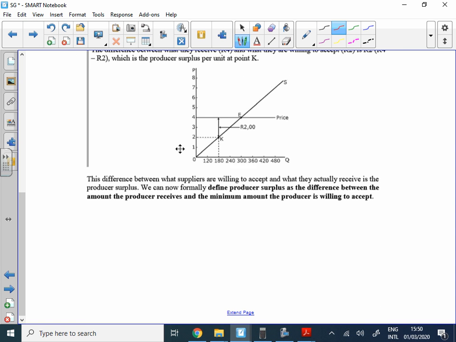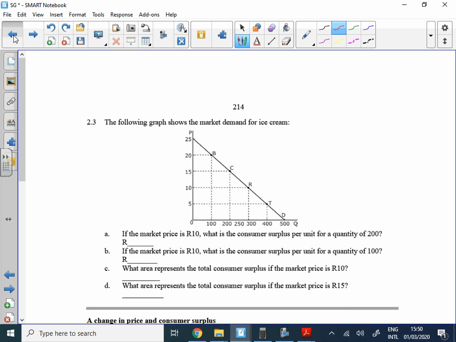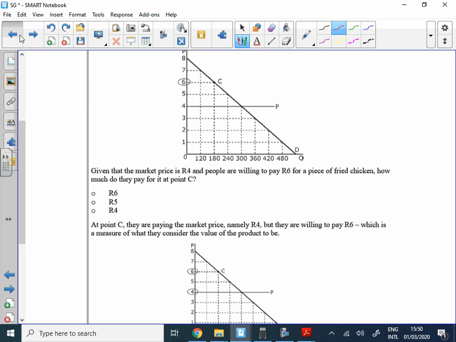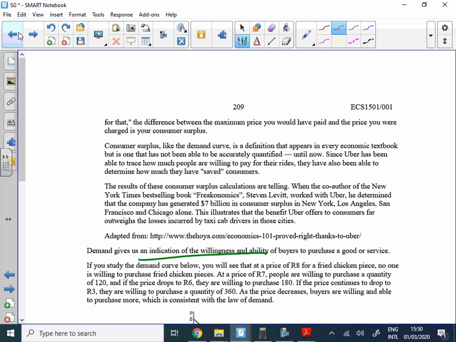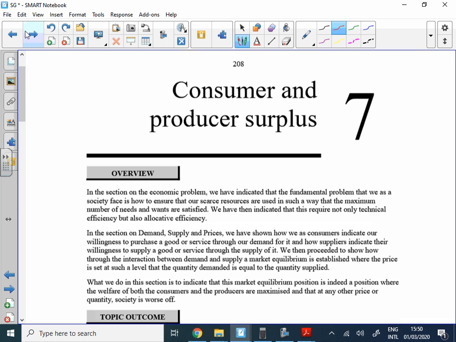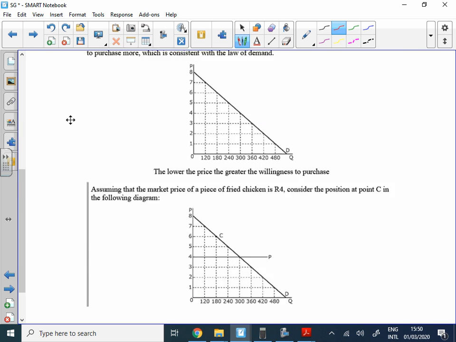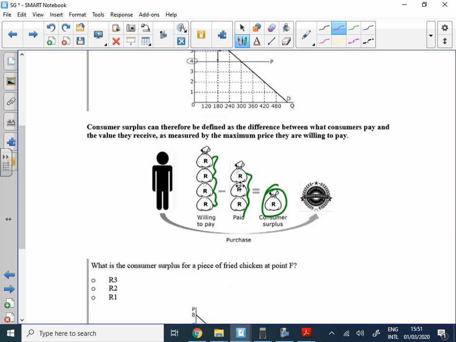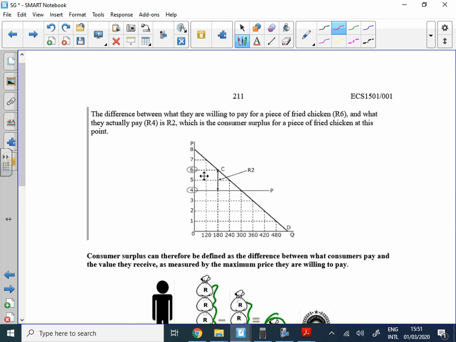So here they say we can formally define producer surplus as the difference between the amount the producer receives and the minimum amount the producer is willing to accept. We should have had one for consumer surplus as well. Did we skip it? Okay, there it is on page 211.